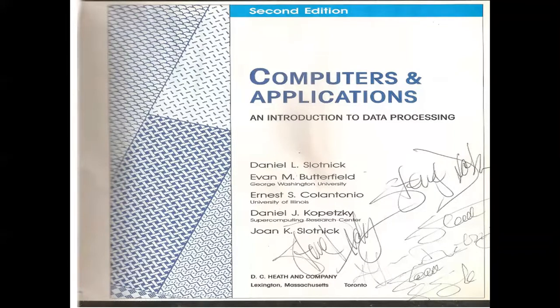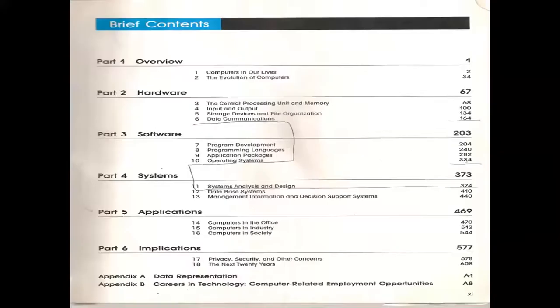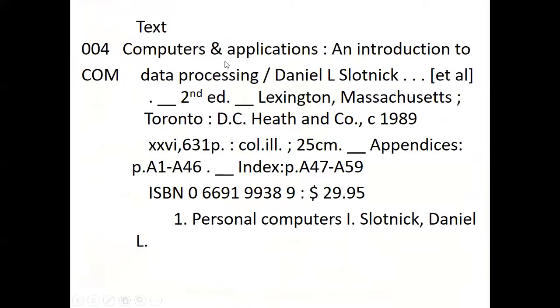And then please, librarians, stop writing in the books like this. That is very irresponsible of those who did it. So this is the title page of the book I want to use to demonstrate. It is a 2nd edition book, but I want to go to the entry to show you how hanging indention looks like, and I'm there. I hope everybody is looking at the screen I'm sharing.